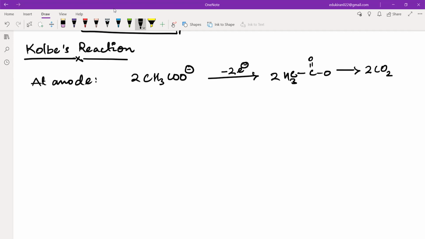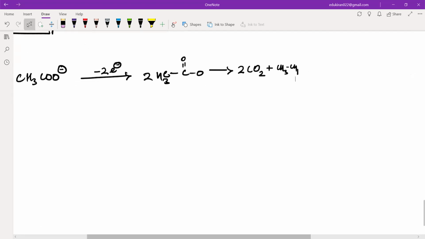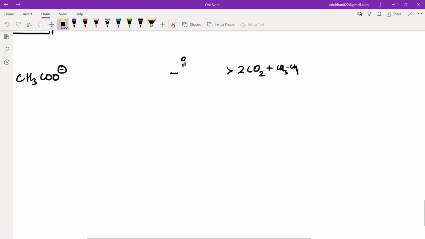Now, if I'm forming 2 moles of carbon dioxide, 2 CH3 free radicals will be present, and they will form ethane. Just wait a second, let me draw it here.